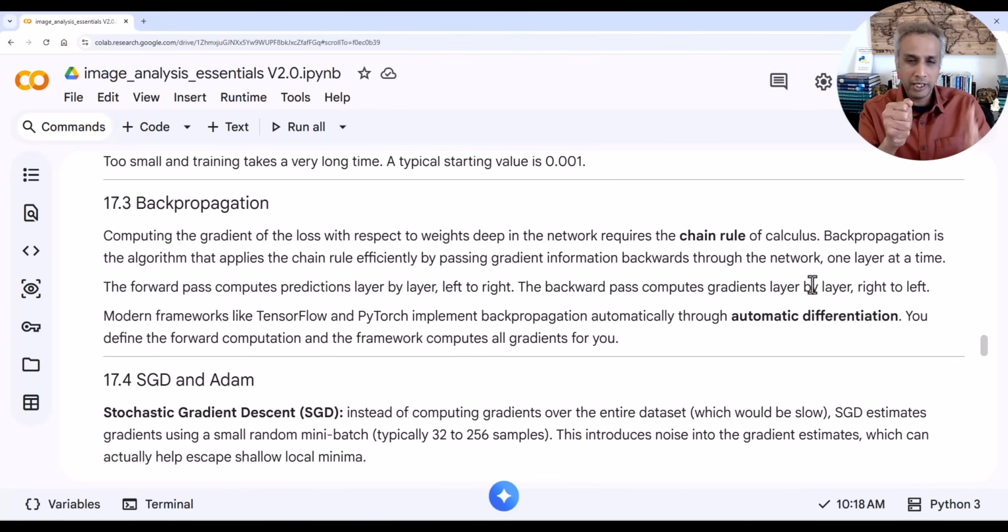Go back one layer, adjust the weights. How does it adjust the weights? It computes the gradients and moves the weights in the right direction, where you're actually going downhill and not uphill on this landscape of the loss function. I hope that makes sense. So the backpropagation is exactly that.